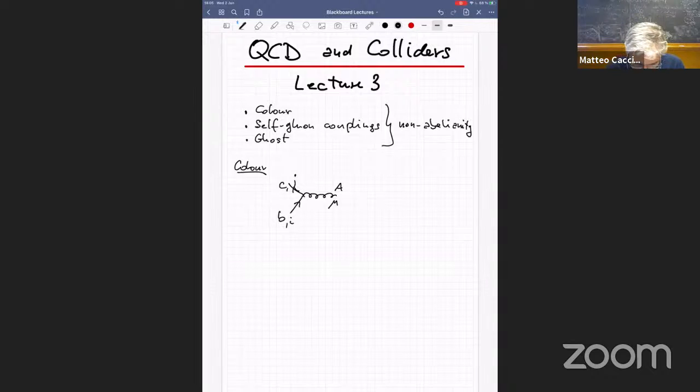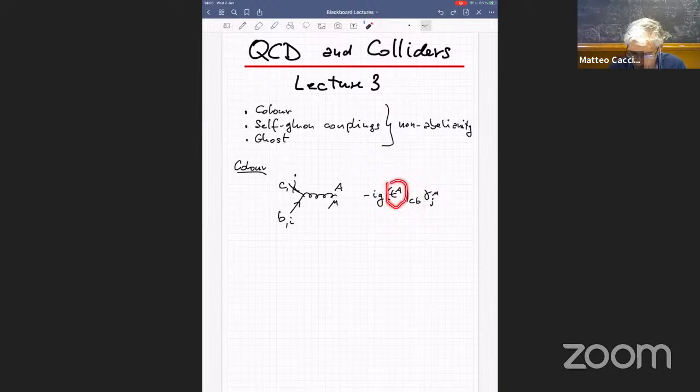And so the vertex for this kind of interaction is something like T^A_CB gamma^mu_JI. Now you do recognize, of course, the part with the gamma mu, which is essentially what you would find in QED, and the new part of the Feynman vertex for this kind of interaction is the T^A.